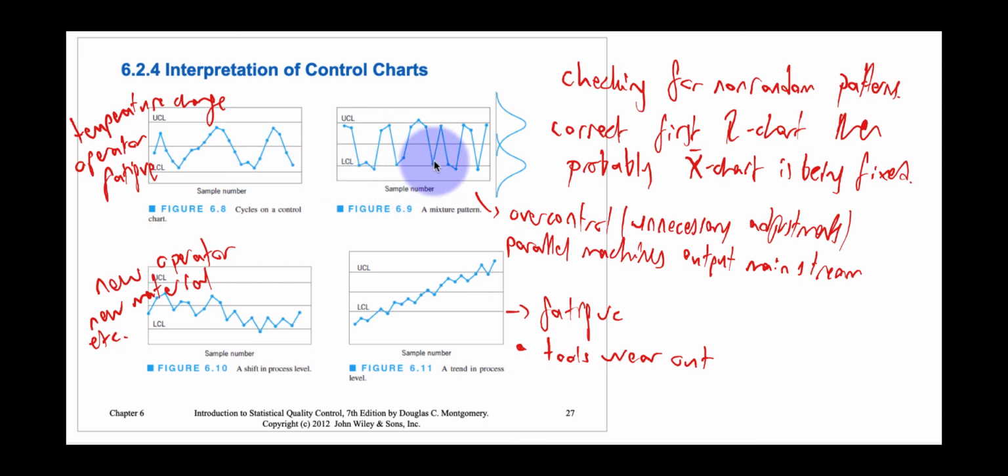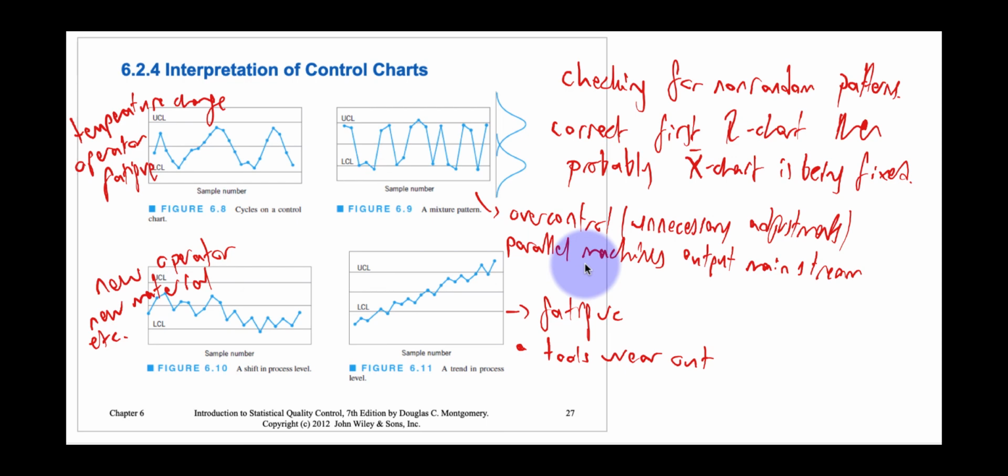A mixture pattern can result from over control, unnecessary adjustments of the machine by the operators, and maybe there are some parallel machines doing the same job, same process, and we are taking the samples when these parallel machines put their output in the mainstream.